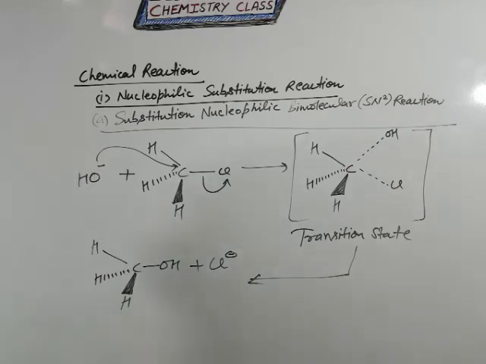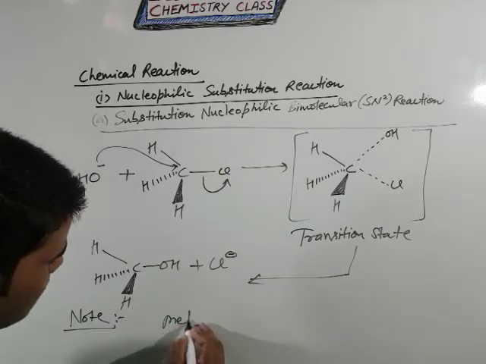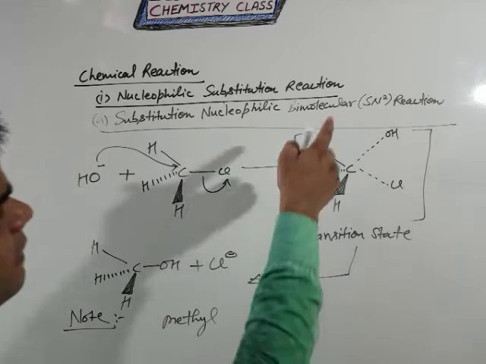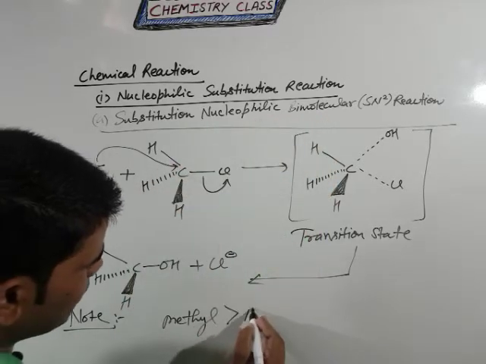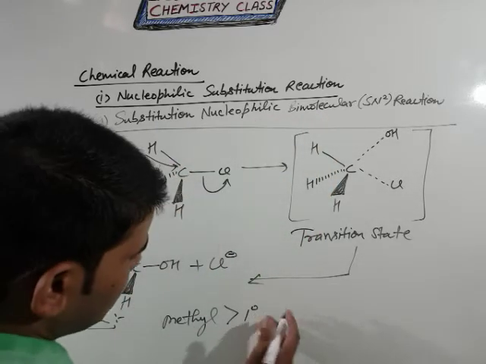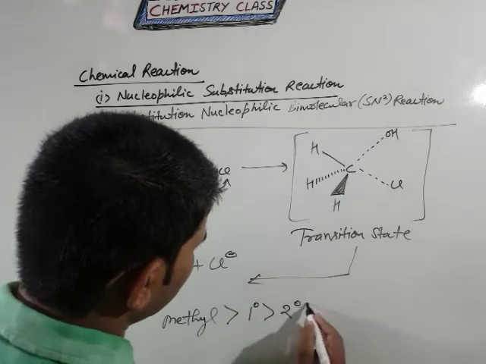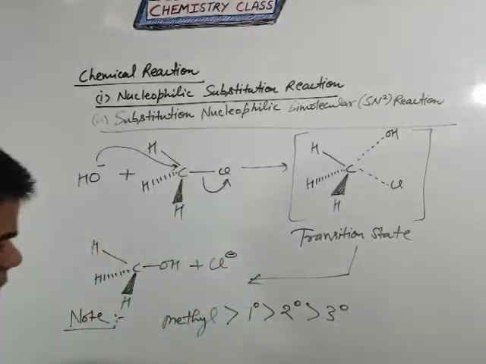So students, for the SN2 reaction, remember one point. First we take methyl, because methyl reactivity is more in the SN2 reaction, and after that primary alkyl halide, then secondary alkyl halide, and then tertiary alkyl halides.